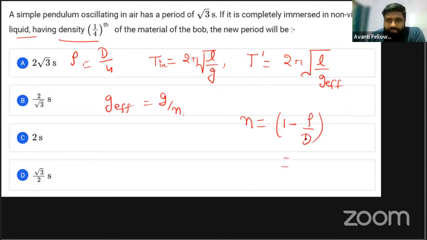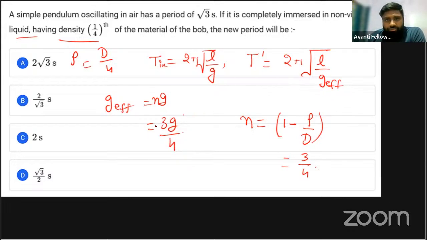That is why it is coming as 1 by 4, into 4 minus 1, 3 by 4. And this is n g, so this will become 3g upon 4, which is the reduced value.